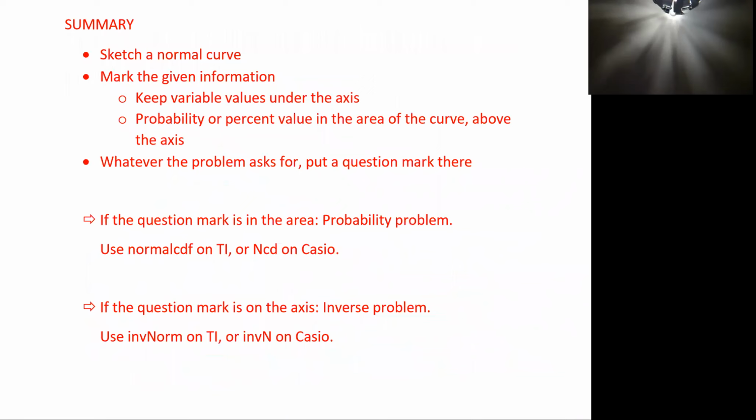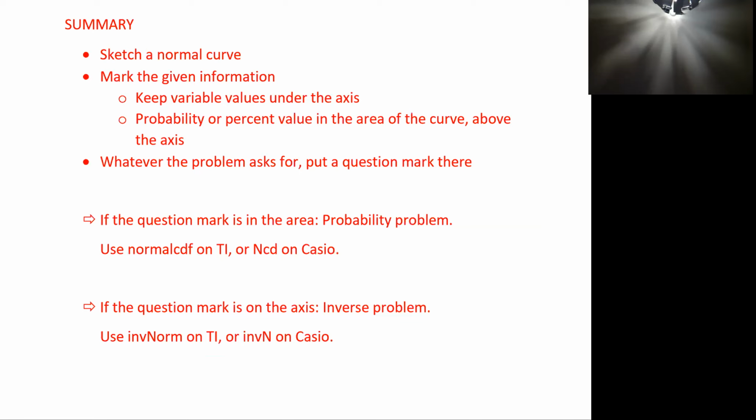Same thing here. You're going to draw the axis, draw the bell shape, and anything having to do with the variable value, put it under the axis. Anything having to do with the random variable we're working with. Anything that is a probability or a percent, we put it in the area of the curve above the axis.